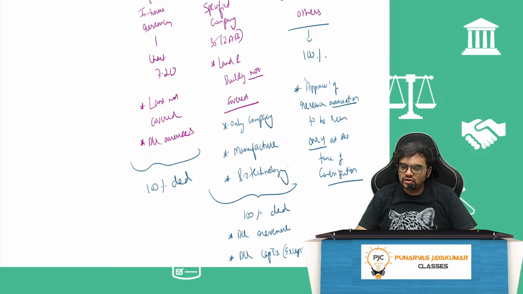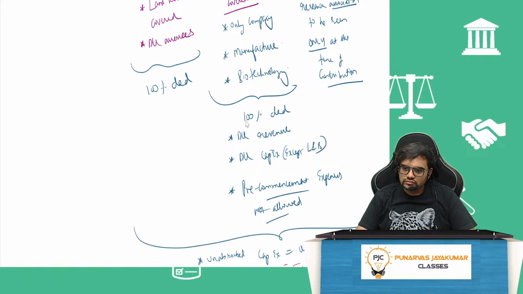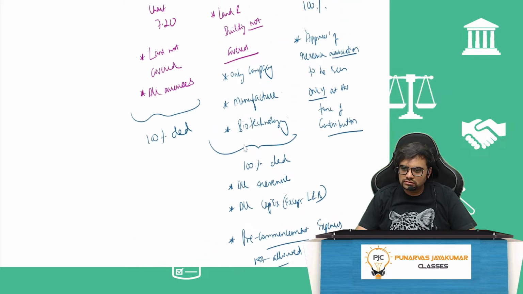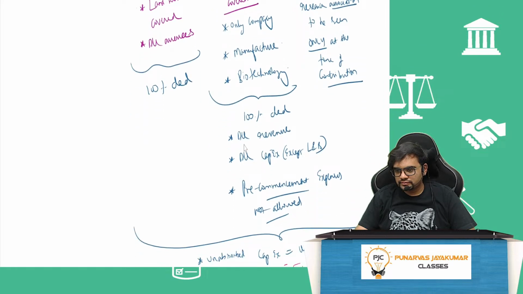Land and building not covered. Here it is interesting to know, land and building not covered. 100% deduction for everything else except land and building. All revenue expenditure allowed, all capital expenditure except land and building allowed.